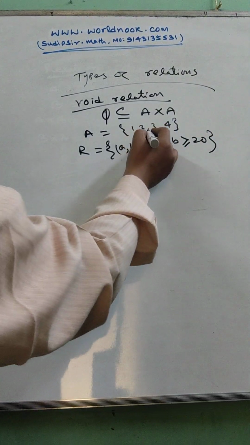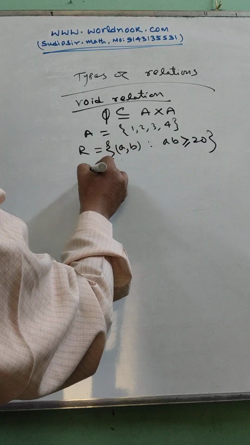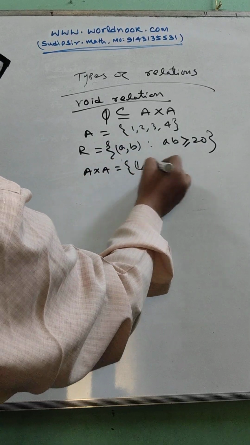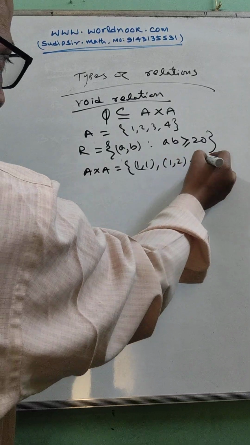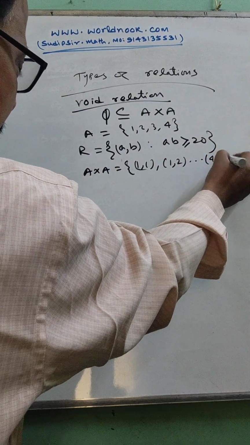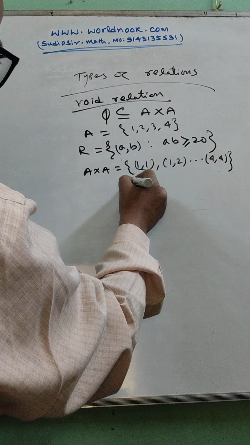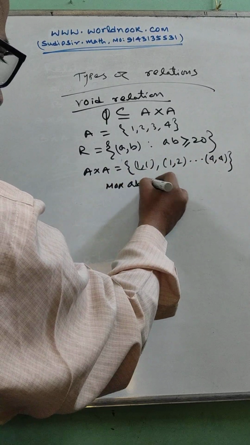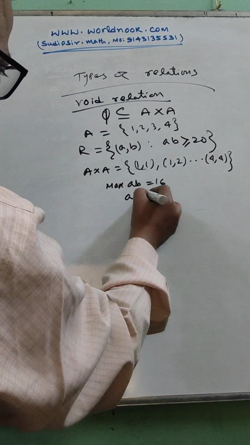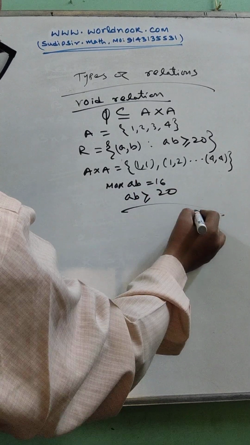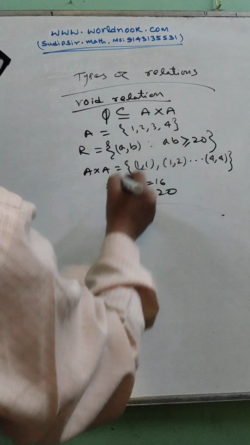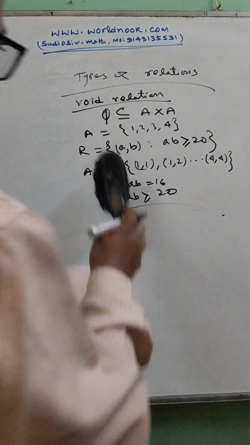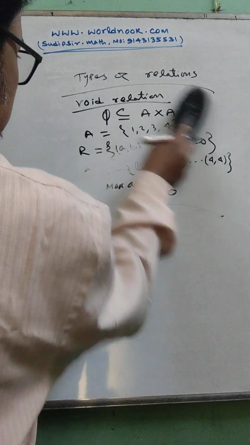Now for this we will get different ordered pairs of A cross A, like (1, 1), (1, 2), dot dot, (4, 4). But it is clear the maximum product ab is 16. So ab greater than or equal to 20 is not possible. So this R is said to be a void relation.